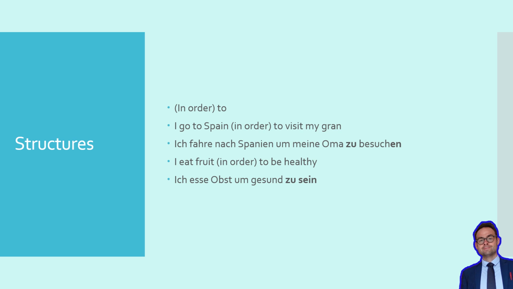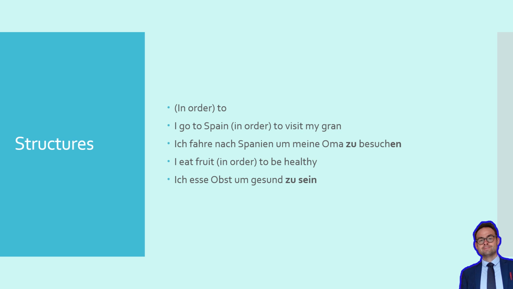Structures in order to. So in English, we might not even say in order, we might just say to. So I go to Spain to visit my gran, or I go to Spain in order to visit my gran. And in German, we use the zu structure to show that. So in order, and then zu is to.